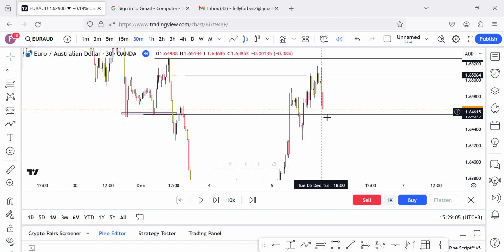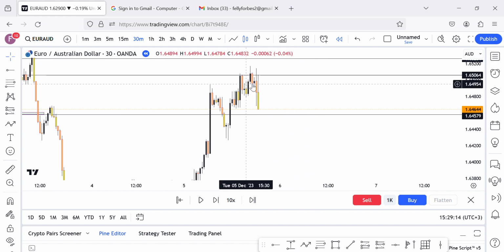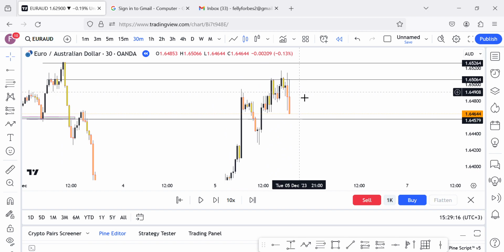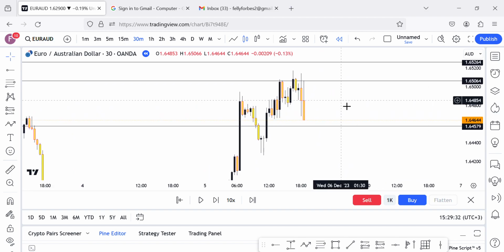You see the price has come to our point of interest. If you are not very familiar with break of structure, maybe I will create another video, but it's very basic. Everyone should know the break of structure.